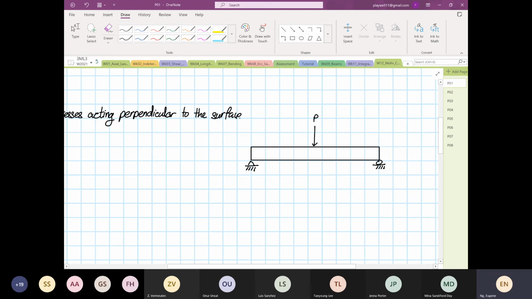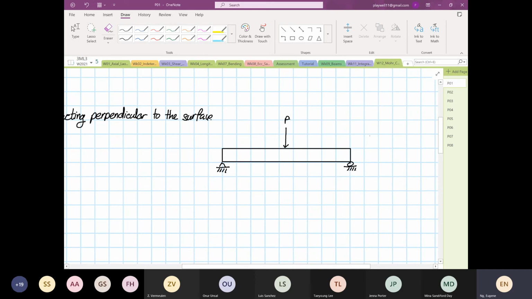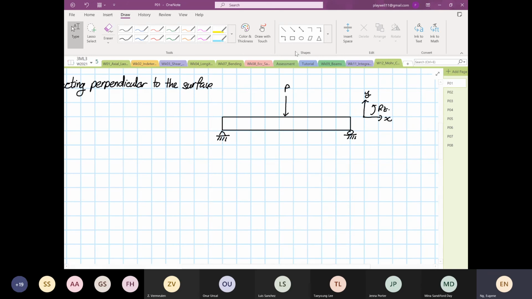Okay, so this is P, and we will draw a transformation. This is X, Y, rotation about Z, right? So we will have our shear force diagram. So this is X, this is V, right?